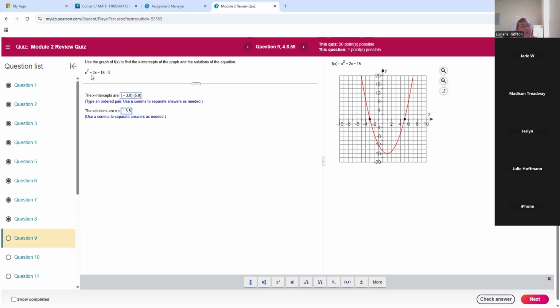Or if you took that x squared minus 2x minus 15, you could factor it or quadratic formula that, and you would actually get those two answers, -3 and +5. All right, so just remember, it even says right under the x-intercepts, in parentheses, type an ordered pair, okay?